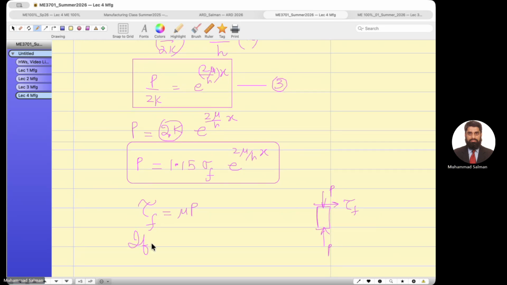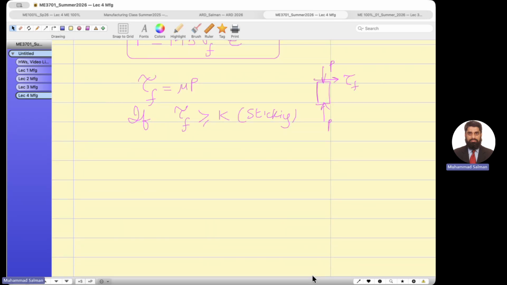If the friction stress is greater than K value, it is sticking. If tau friction is less than K value, it is sliding. In the sliding region, let me explain to you.